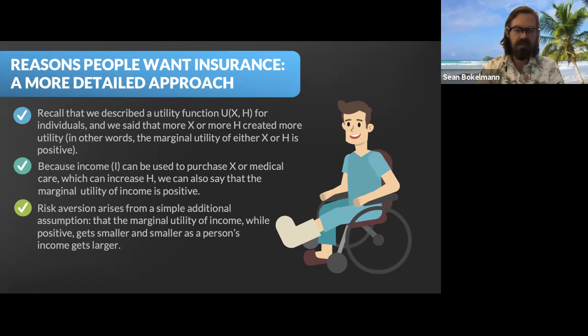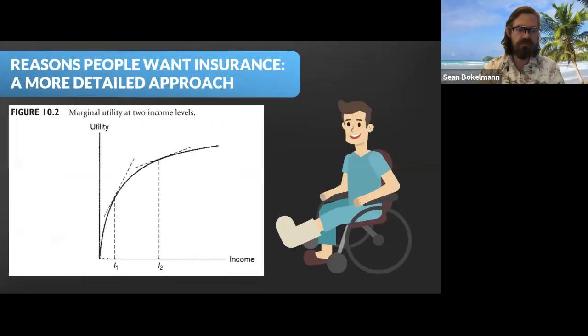Okay, so here we go. Here's the picture right here. So very simple utility model. The only thing that matters is income, and of course, more income is better, right? Higher utility, but the more income we get, the smaller marginal utility becomes. And remember that marginal utility is simply the slope of the utility function at a particular point.